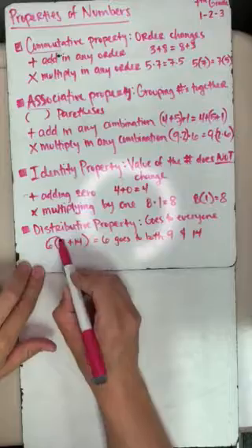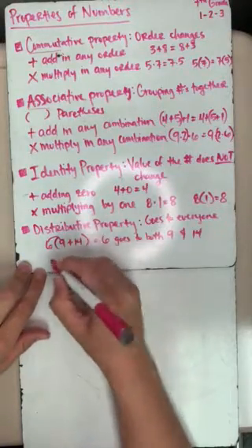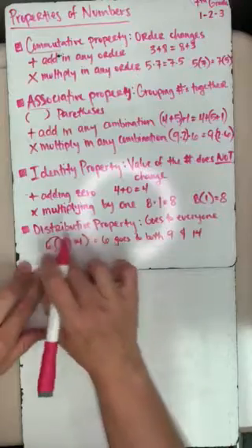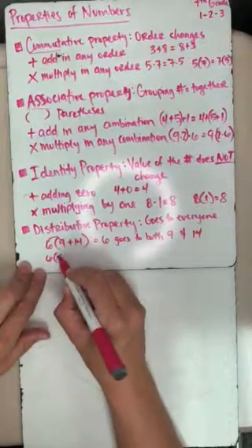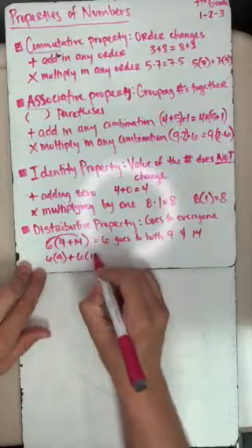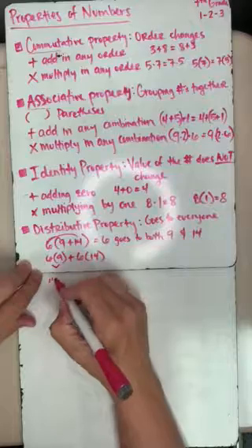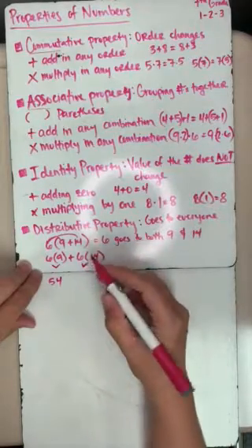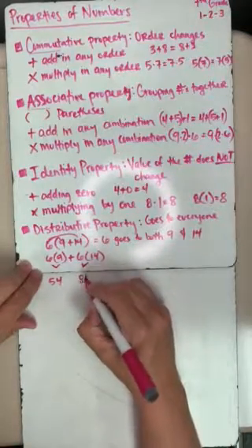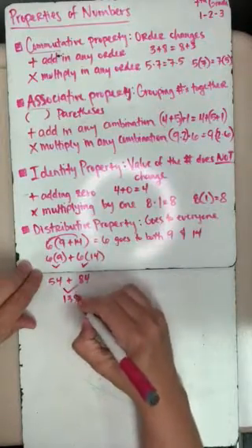So 6 times 9, I'm going to write it like this, 6 times 9, and then plus 6 times 14. 6 times 9 is 54. 6 times 14 is 84. We're adding them together. We get our total of 138.